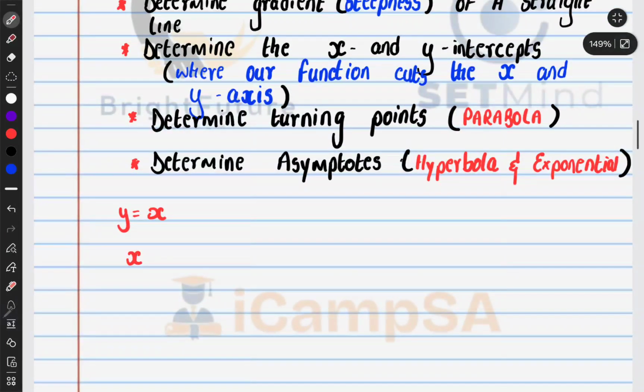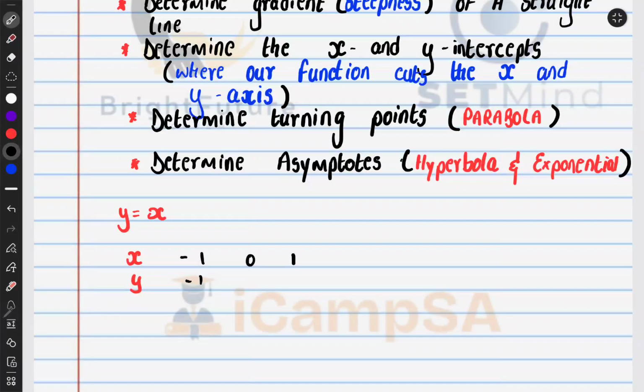We can have the x values and the y values. That will be our table. Let's take the values of x as -1, 0, and 1, and when you put that into the rule or equation, where x is equal to -1, y is also going to be equal to -1.